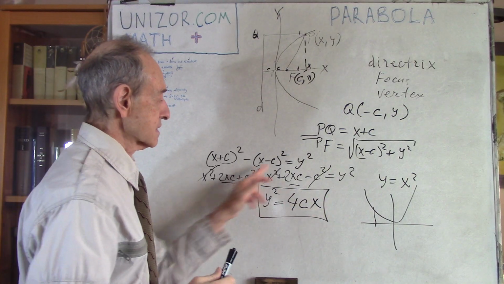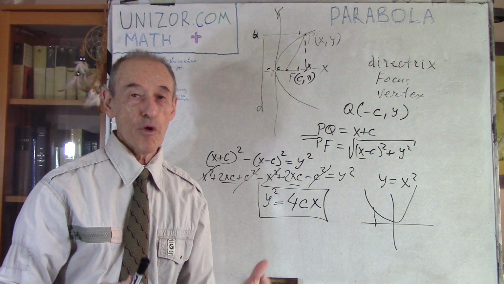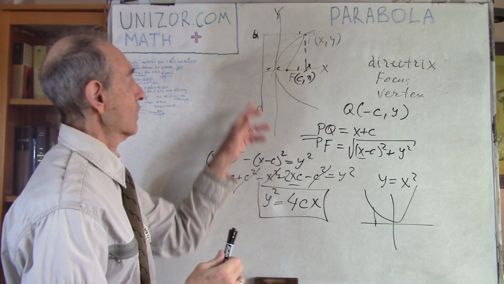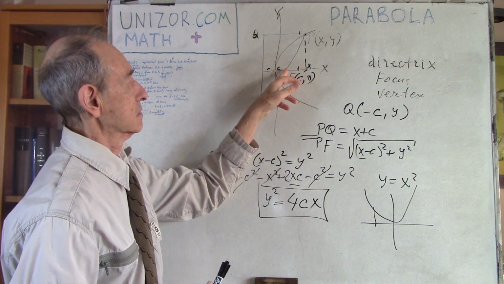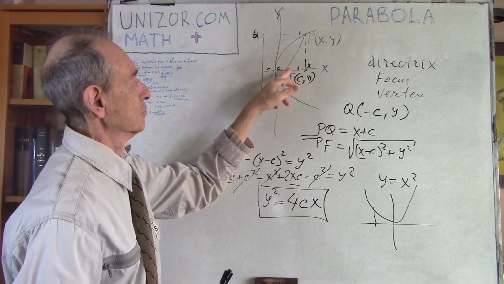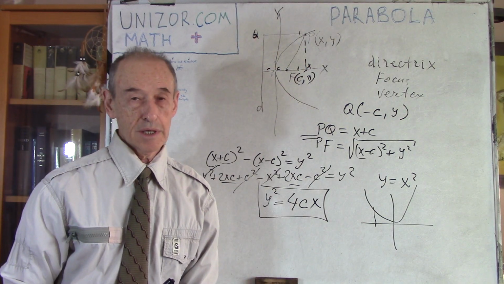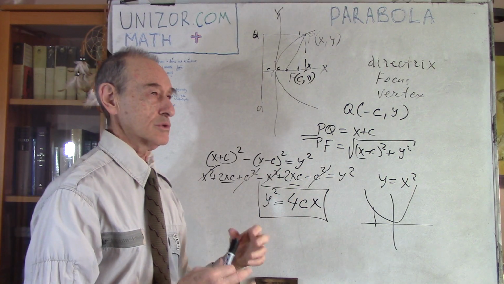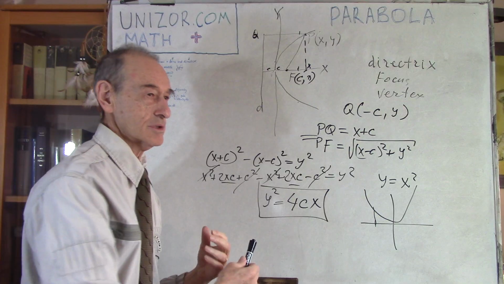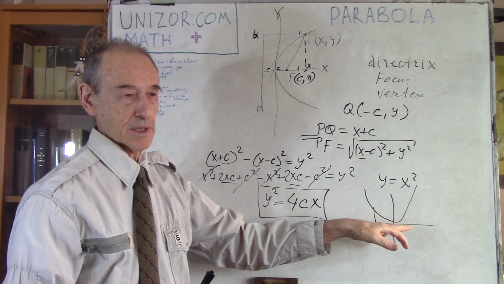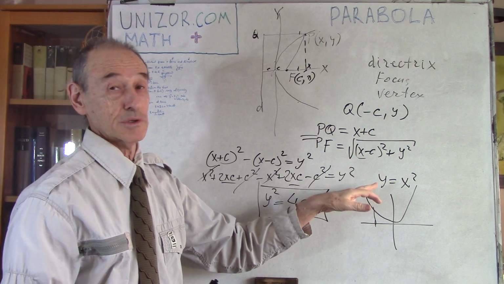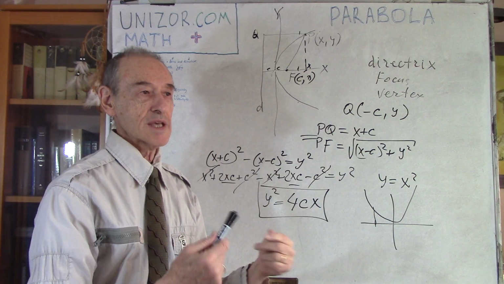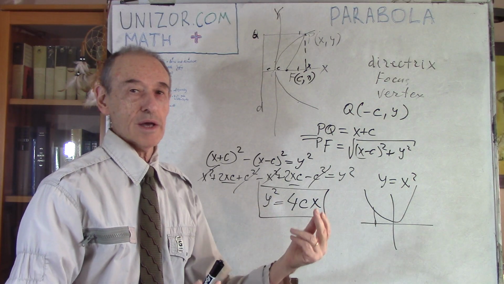What's important is that this equation describes the curve, the set of all points on a plane which satisfy this particular condition, that they are equidistant from a point, the focus, and from the directrix. So that's what's important about this formula. Let's not call this a description of a function, because a function is usually something else, where you have one particular value of y for each x, where x is the argument and y is the function.